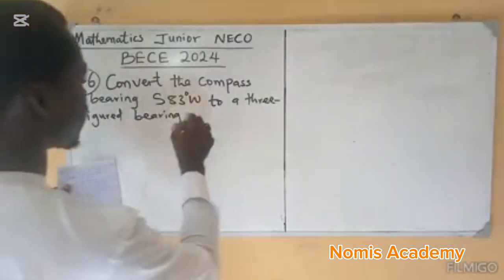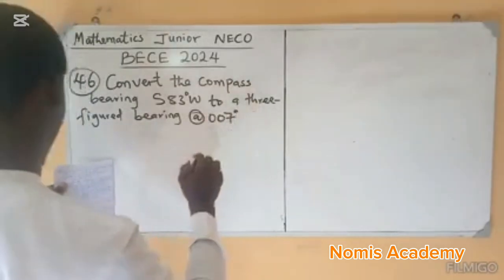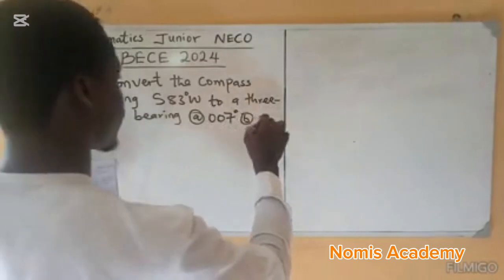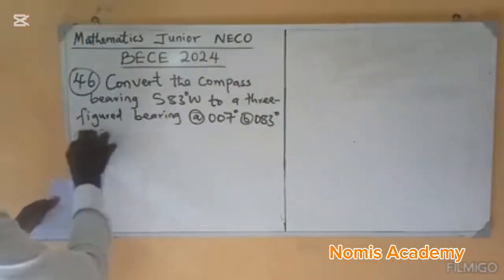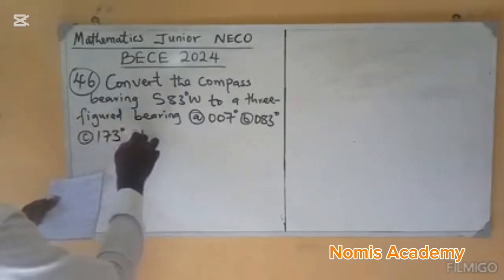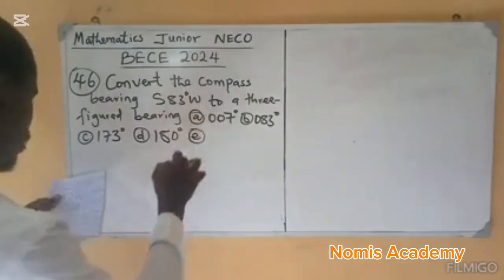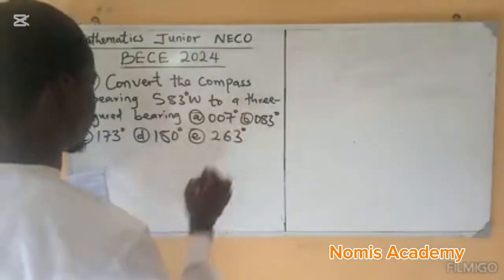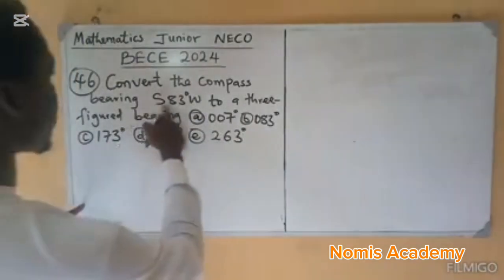Now the options given are A, 007 degrees, B, 083 degrees, C, 173 degrees, D, 180 degrees, and E, 263 degrees. Okay, now we need to understand what this particular bearing simply means.